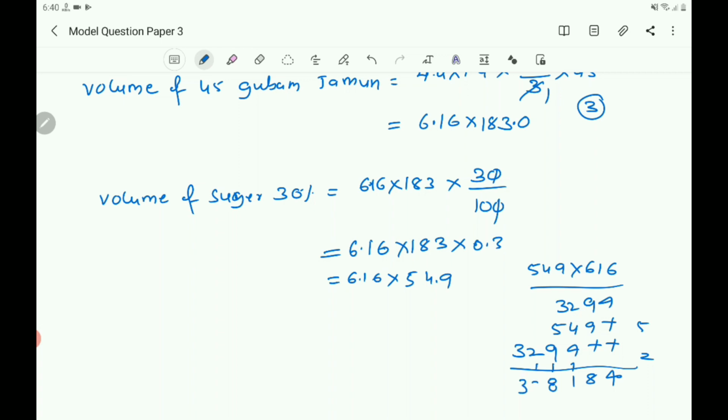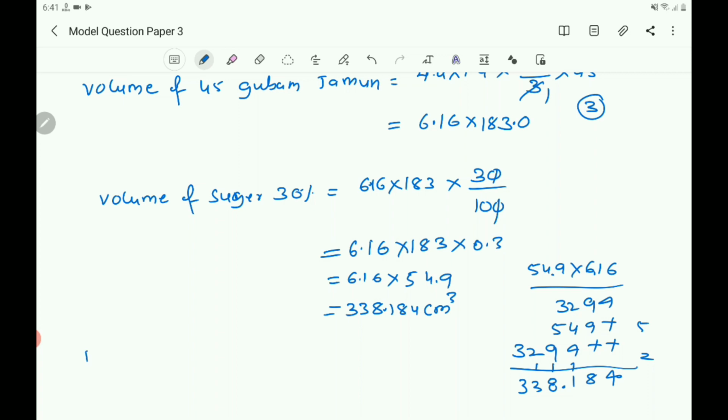Then they will get, and here the decimal points are in 54.9 and 6.16. The point must be after 3 digits. So you write that is 338.184, and the volume is cm cube.